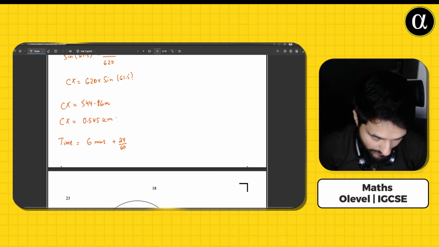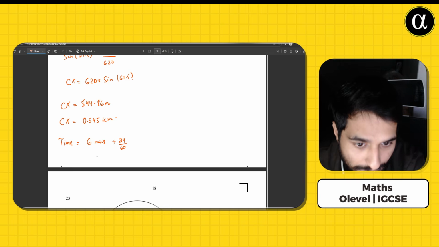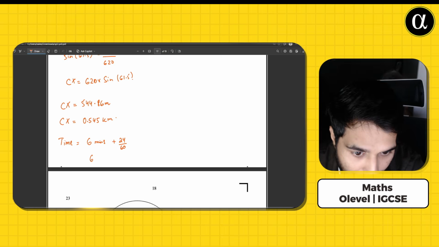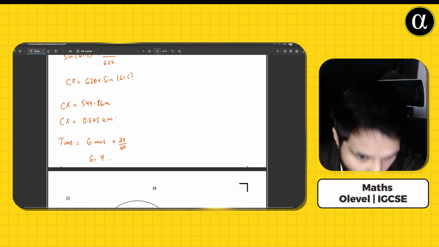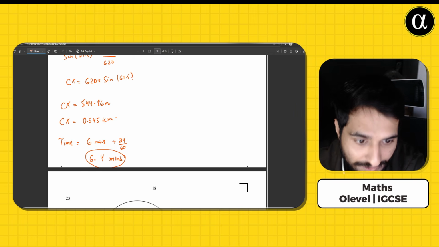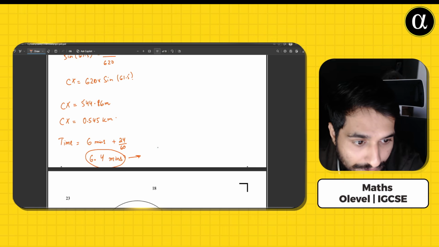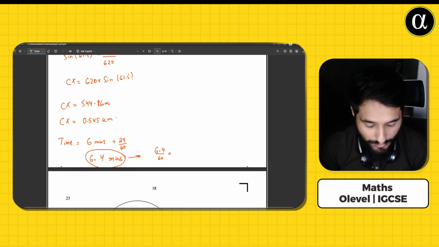This gives us 24 upon 60, and this would be 0.4. So this time is going to be 6.4 minutes in total. But this isn't sufficient either. We need to convert this further into hours. So I'm going to say 6.4 divided by 60, and this would give me what?